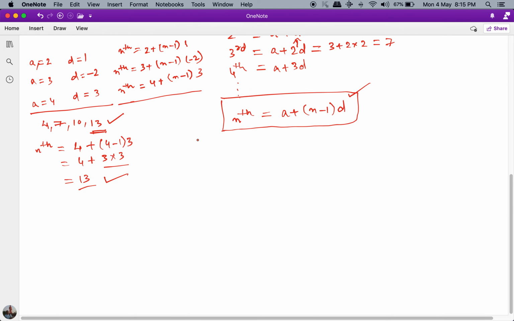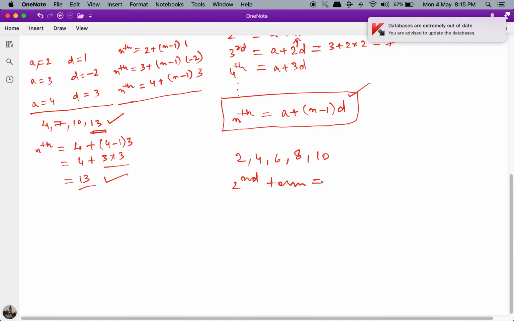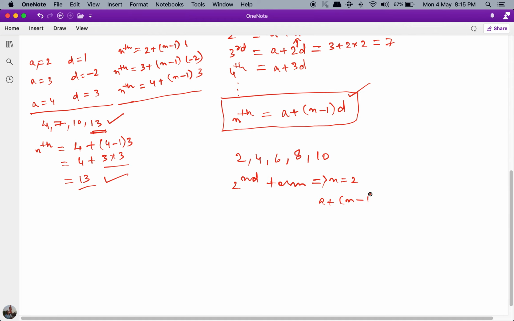Now imagine I tell you an AP which is 2, 4, 6, 8, 10, and I ask you to find the second term. Because n is equal to 2, you will say A plus n minus 1 into D is the formula.